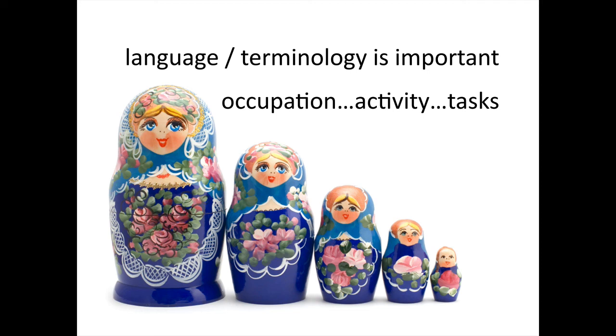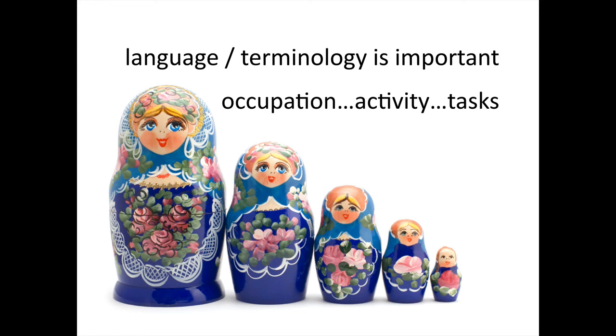It might seem a bit pedantic, but actually I think it's really important because the language that we use and the terminology that we use as occupational therapists is very important. And it's important in terms of the communication we have between ourselves, but also the communication that we have between ourselves, our clients, but also the people that we work with in terms of other health and social care professionals.